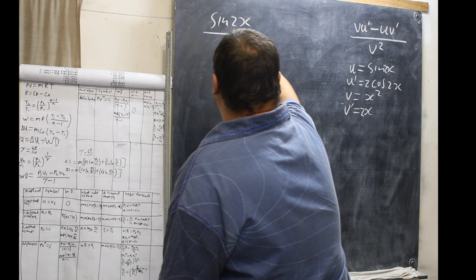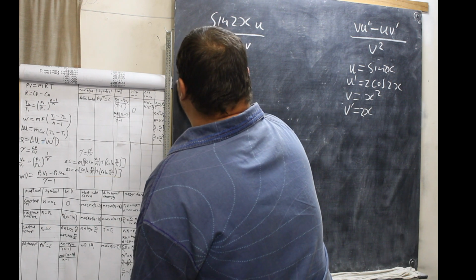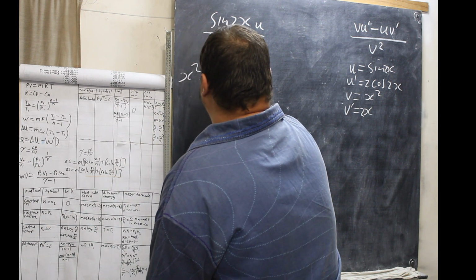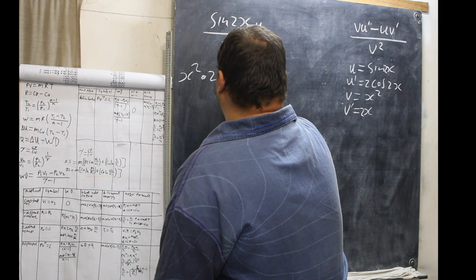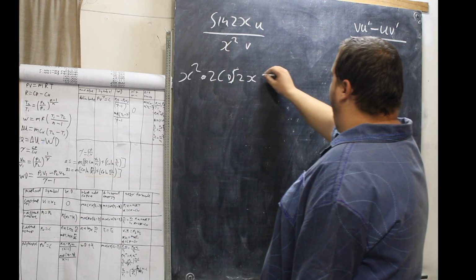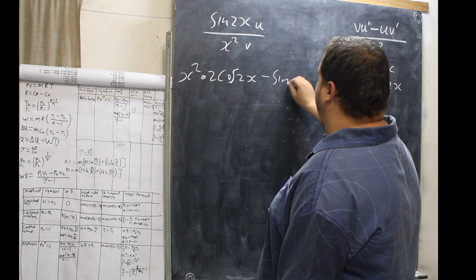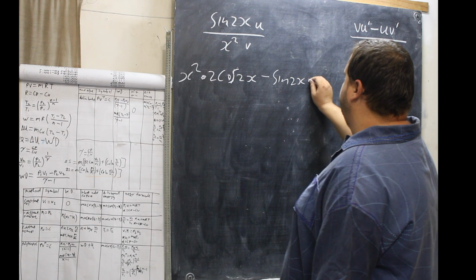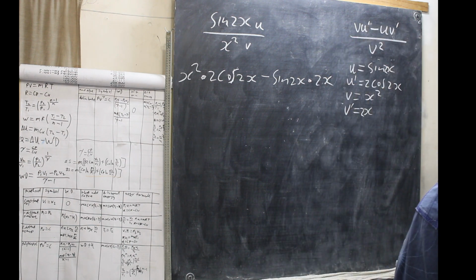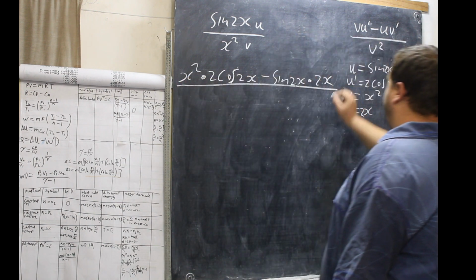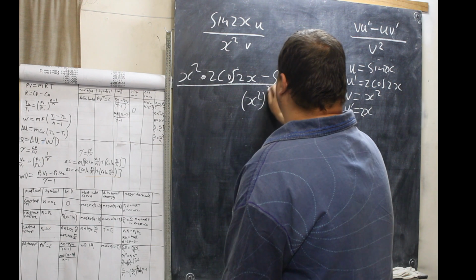V and u. V is x squared times 2 cos 2x minus u, which is sine 2x times 2x, all divided by x squared squared.